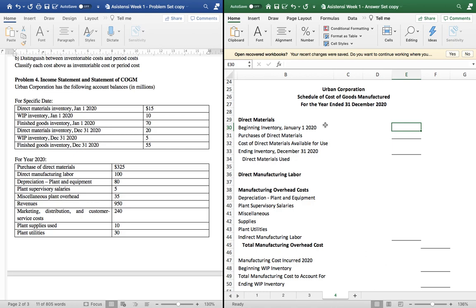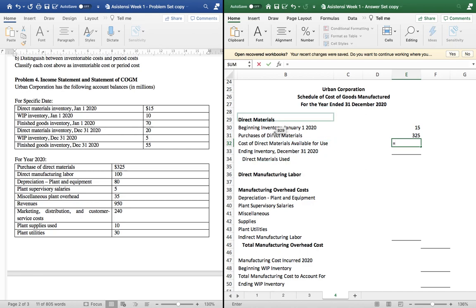In the beginning of the year, we have inventory, which is valued at $15 million. And in the course of the year 2020, how much direct materials that we buy is also stated in the case. We purchased 325.